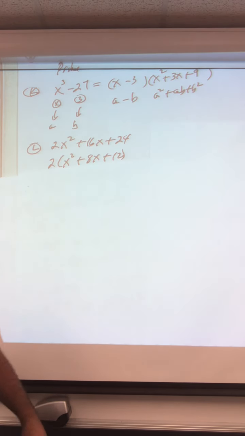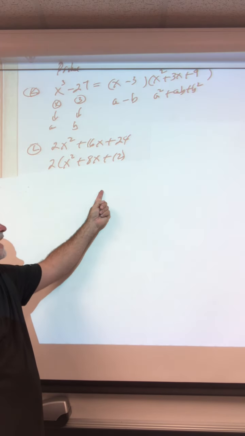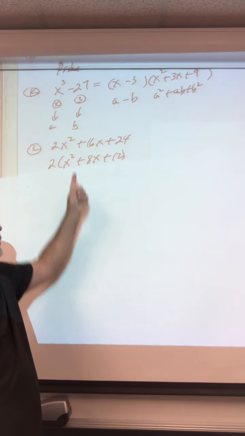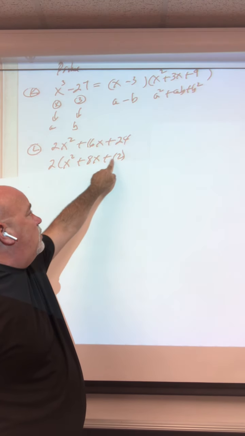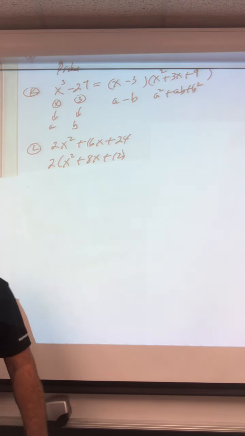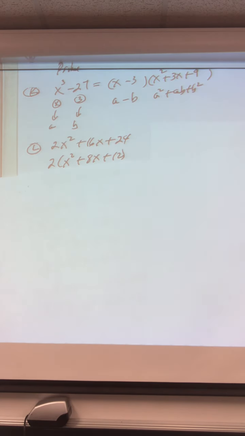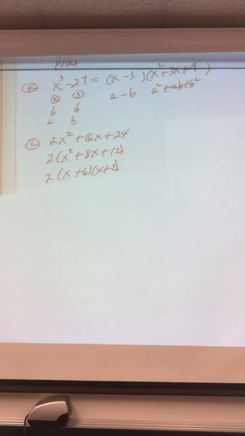This one does factor again. X squared, X and X, signs are the same, both plus, X plus, X plus. Two numbers that multiply to 12 and add to 8 would be 2 and 6. So X plus 2, X plus 6. And that's completely factored.